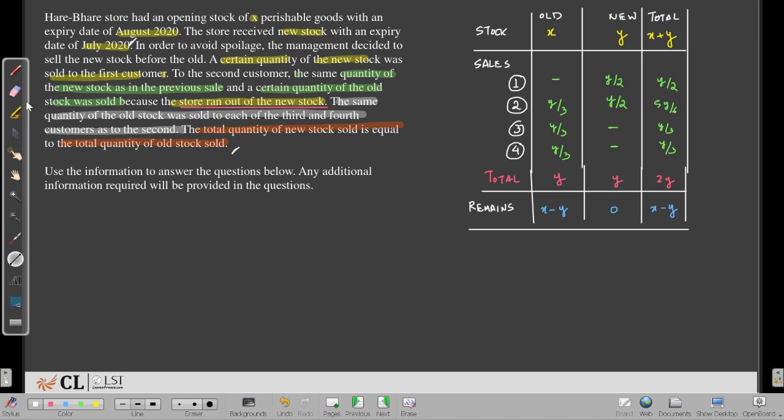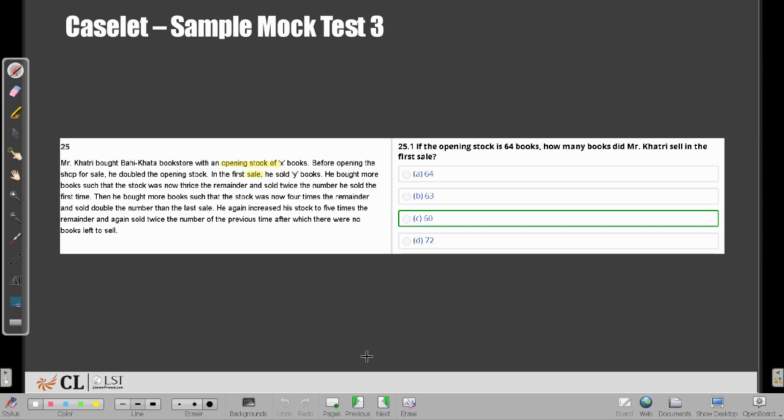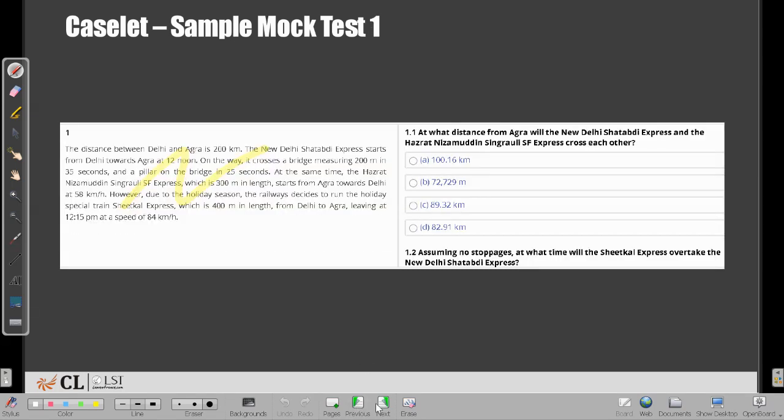There is one more thing that we should remember. It says use the information to answer the questions below; any additional information required will be provided in the questions. We have seen this time and again in the sample tests, mock test 3, mock test 2, or mock test 1.